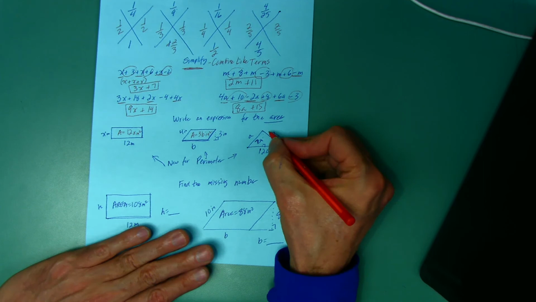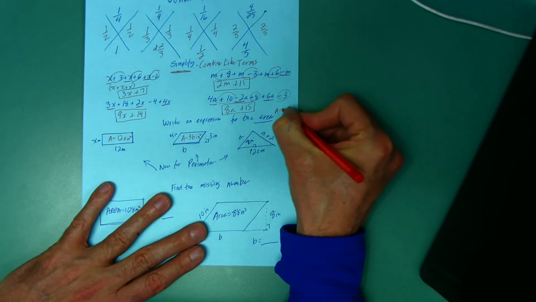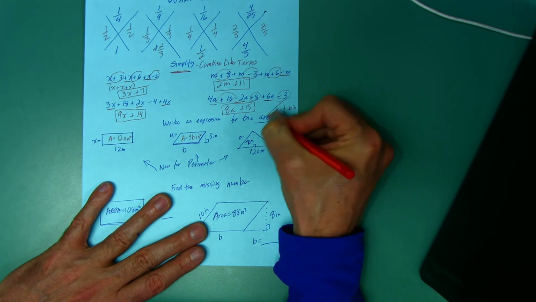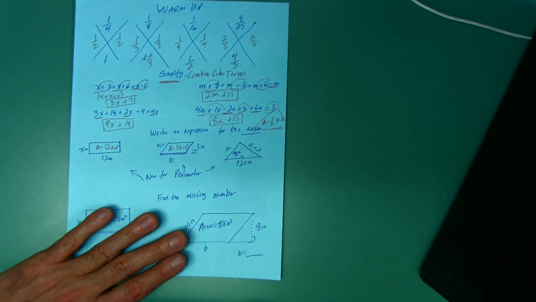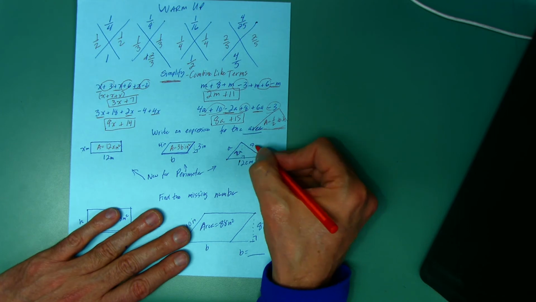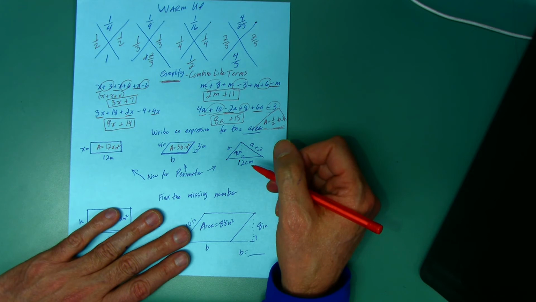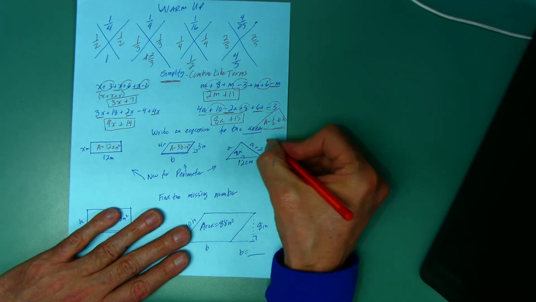Okay. Now for this one, the area of a triangle, remember the area equals 1/2 times the base times the height. All right. If you don't have that written down a bunch of places, go write it down. Okay. Now the base is 12 and the height is 7. So I don't care about this a plus 2 or that a for the area. All right. I'm going to do 7 times 12 and take half of it.